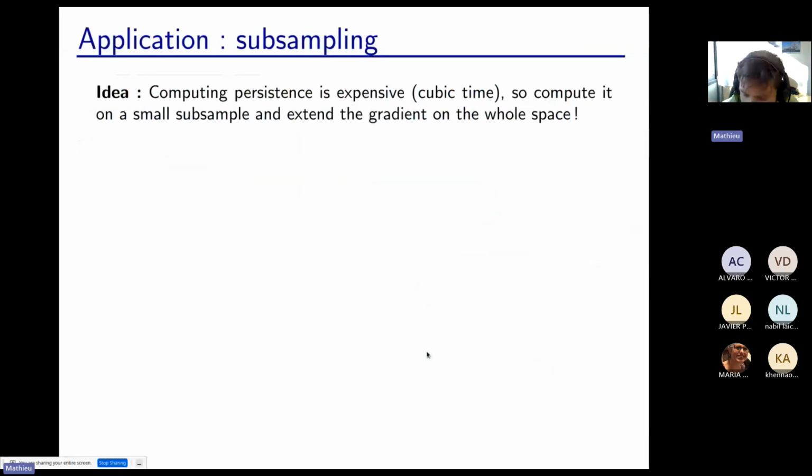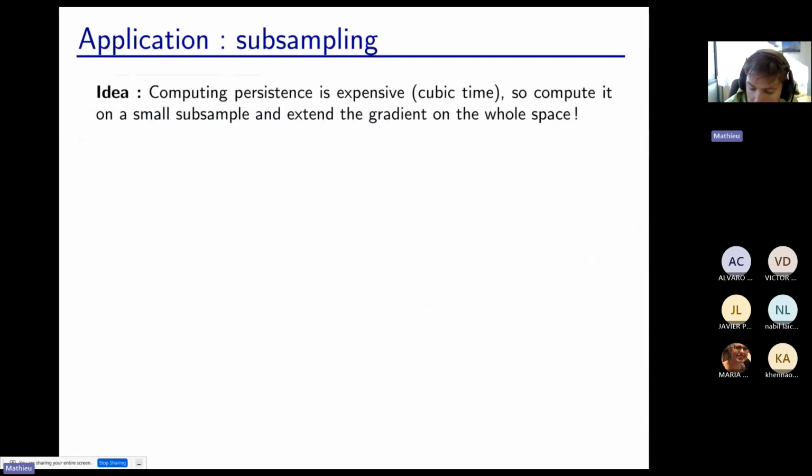Now let's see a few applications. I will end with some nice applications of this gradient extension with diffeomorphism. The first one is related to subsampling. The main motivation is that it's known in the field that computing a persistence diagram is difficult.